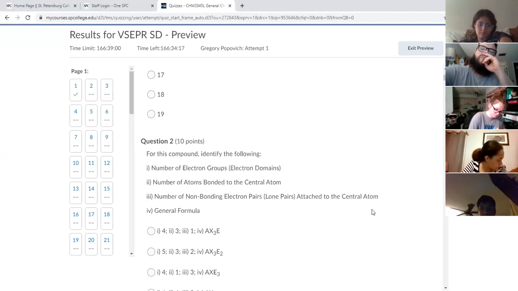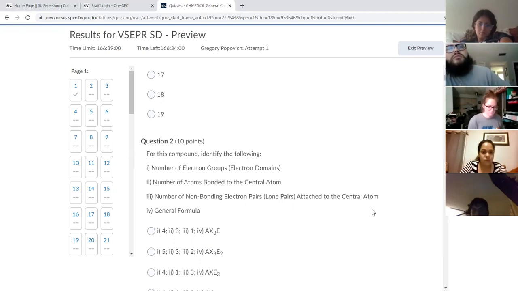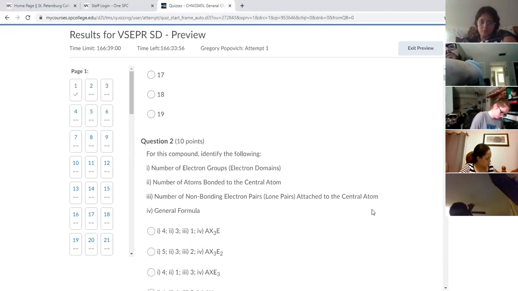Number of non-bonding electron pairs attached to the center atom: 1, 2. General formula: the center atom is designated as A. Both of these are the same type of atom, so that would be AX2. I got 2 lone pairs, so AX2E2.